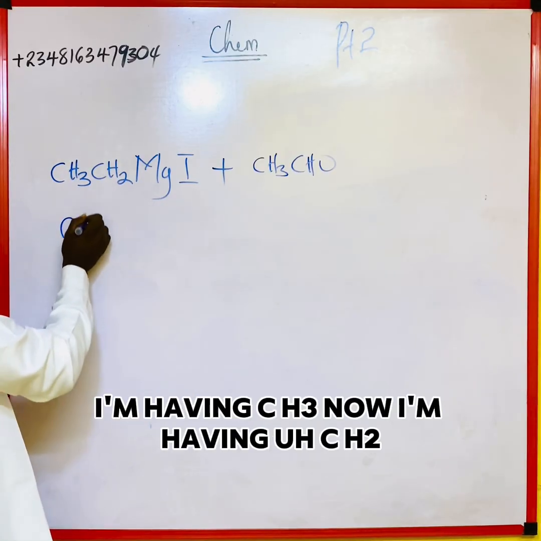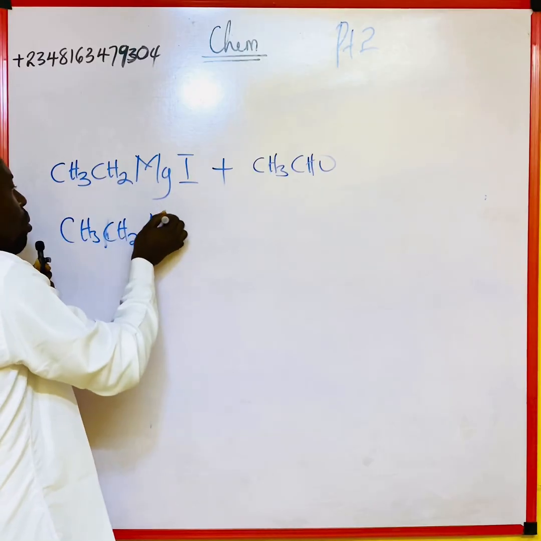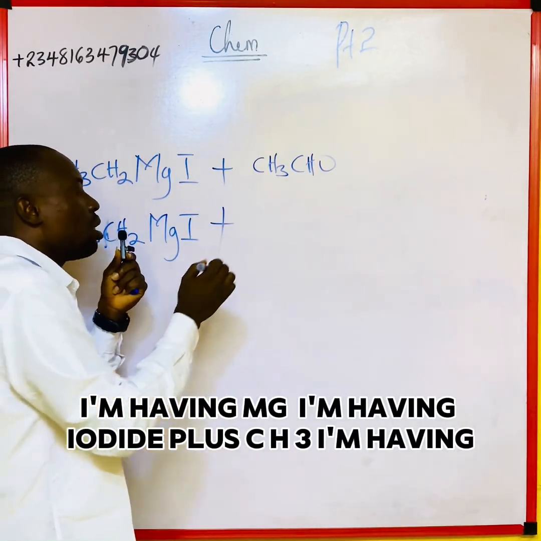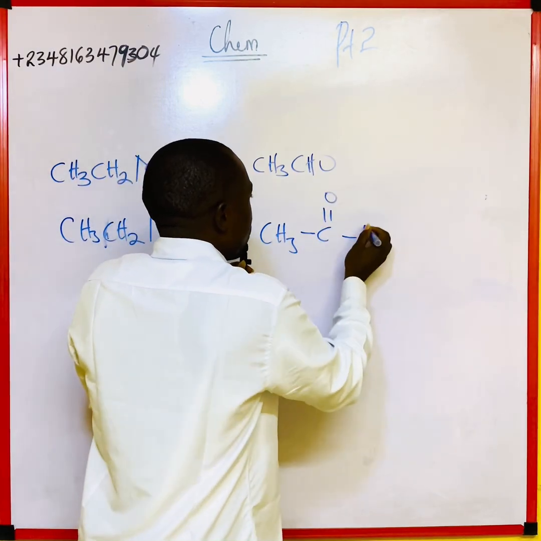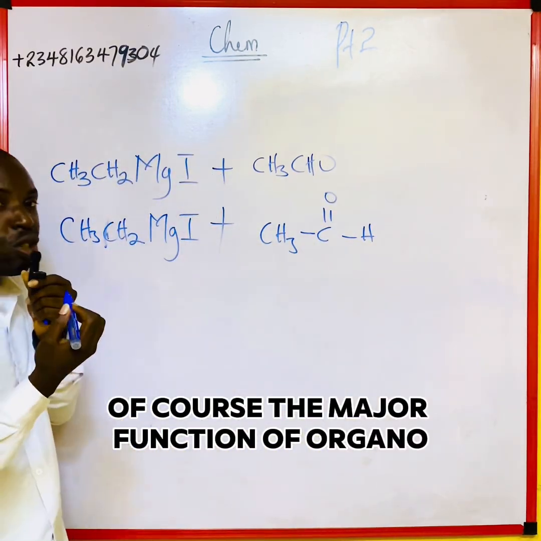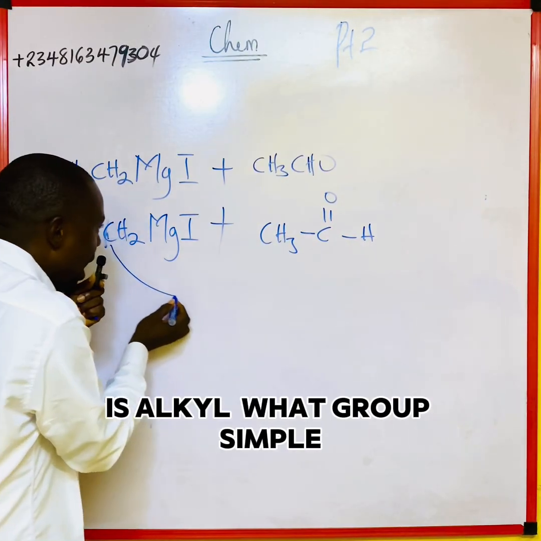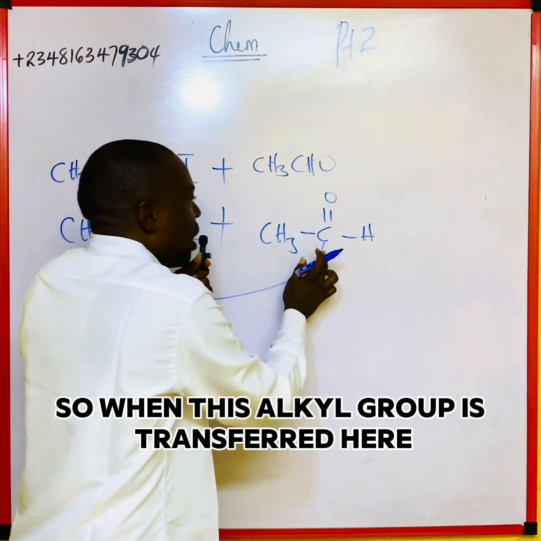So I'm having CH3CH2MgI plus CH3CHO. Of course, the major function of an organometallic halide is to transfer its alkyl group. Simple. So when this alkyl group is transferred there, what will happen?